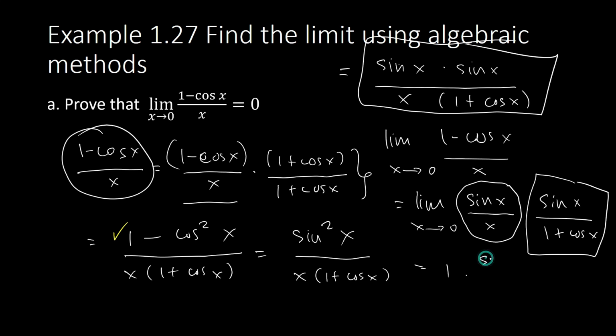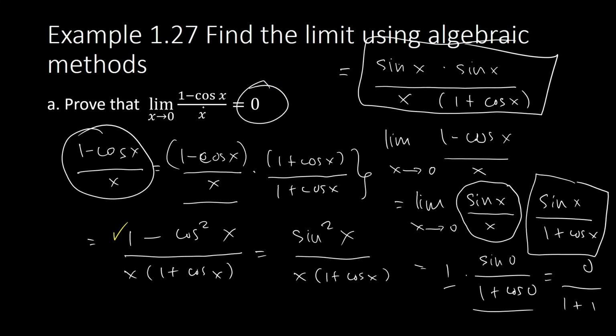So this is equal to sine of 0 divided by 1 plus cosine of 0. Sine of 0 is 0, and 1 plus cosine of 0 is 2. So this is 0 over 2, or simply 0. So the limit of 1 minus cosine of x divided by x as x approaches 0 is 0.